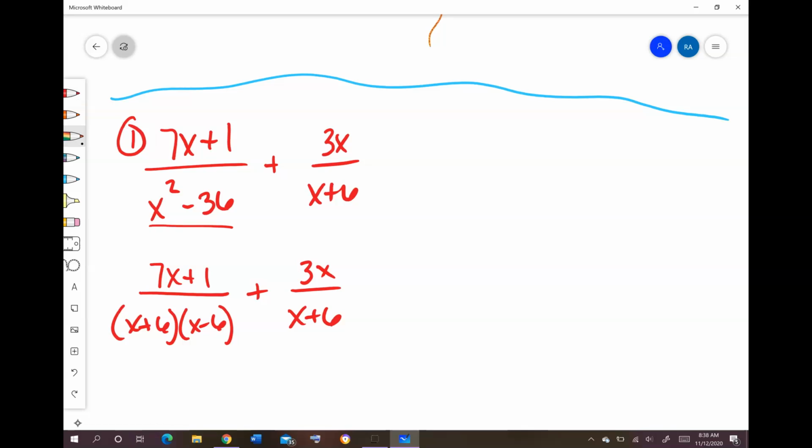Next, you look to see what each denominator is missing. Does this denominator have something this one doesn't? No. Is the right-hand one missing something? It's missing the x minus 6. So we're going to multiply this side by the x minus 6. This one didn't get multiplied, so we leave it alone: 7x plus 1. I'm going to distribute this 3x. 3x times x is 3x squared, and 3x times negative 6 is negative 18x.